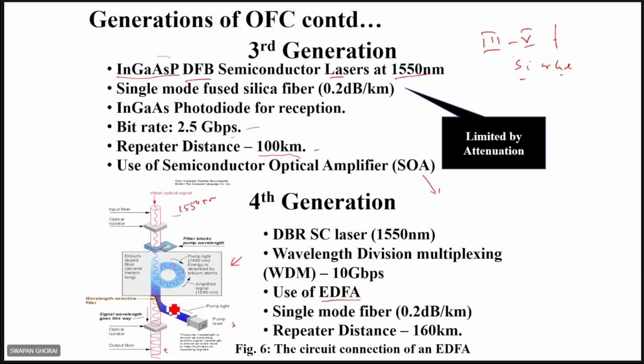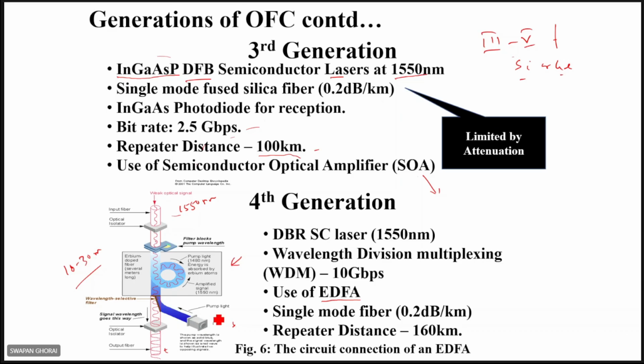That is possible through this EDFA, which may be 10 to 30 meters in length. So in between the input fiber and output fiber, if you use this EDFA, then you can have an amplified output, right? The same 1550 is used here, but with amplified output.